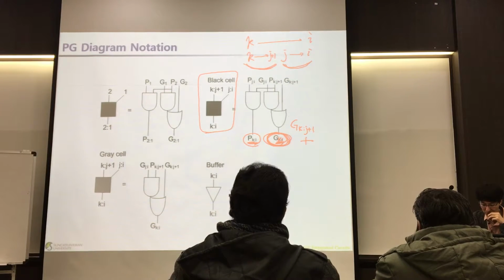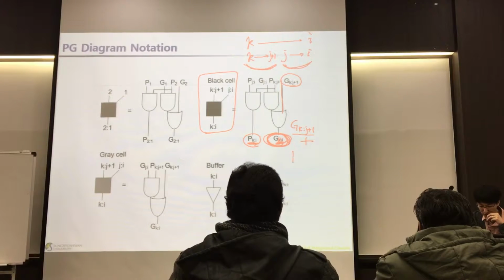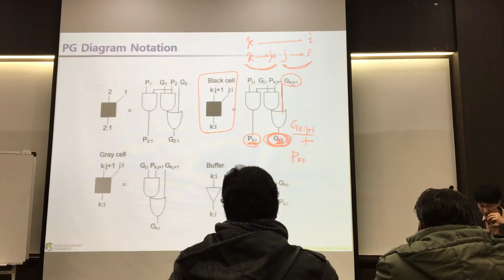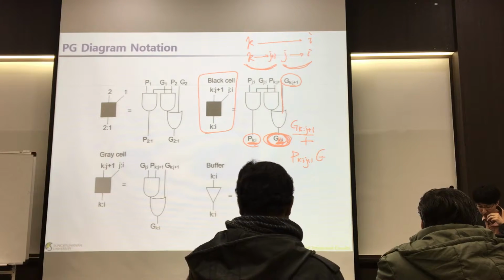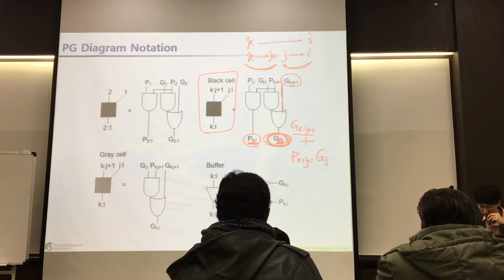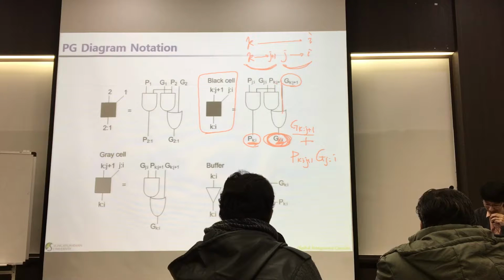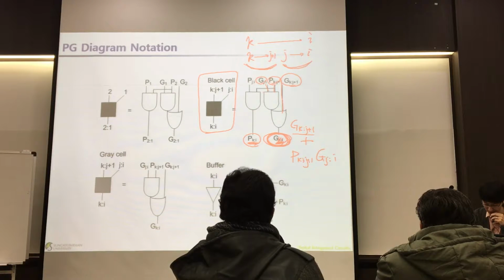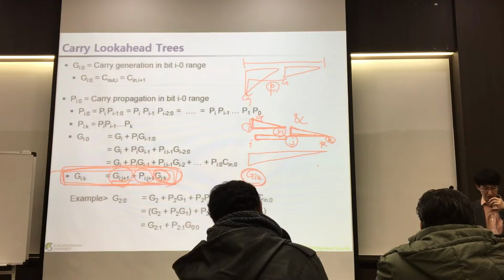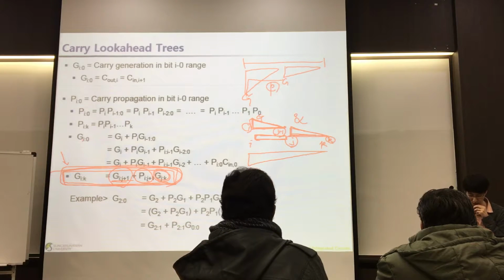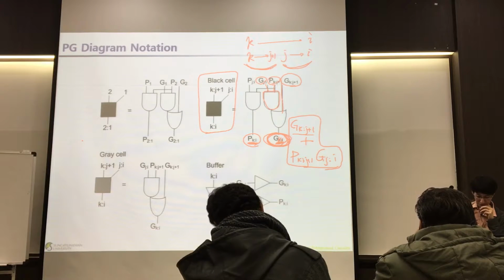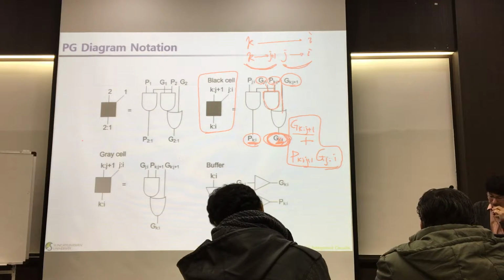Or, this is this branch here, or the propagation condition for that range, k to j plus 1, and the generation condition g from j down to I. So this condition here is ANDed. So this is exactly what we have seen here, right? Our alphabets are a little bit rotated, but this is the same thing.